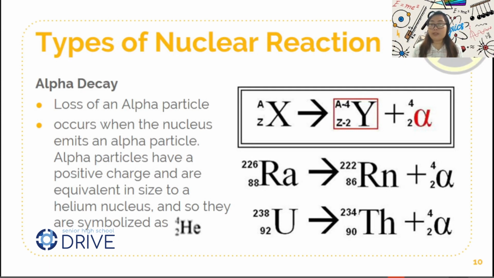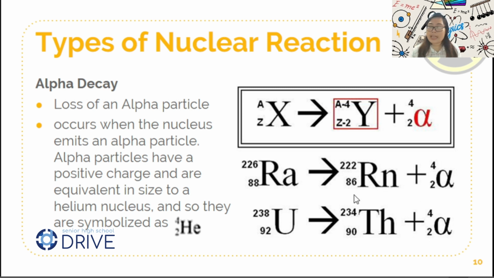Now, there are several types of nuclear reaction. The first one that we have is alpha decay, just like our example in balancing nuclear reactions. Alpha decay is the loss of an alpha particle.